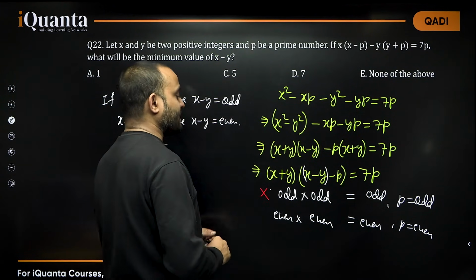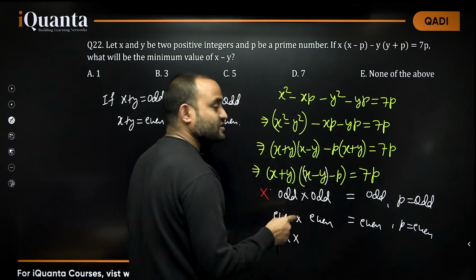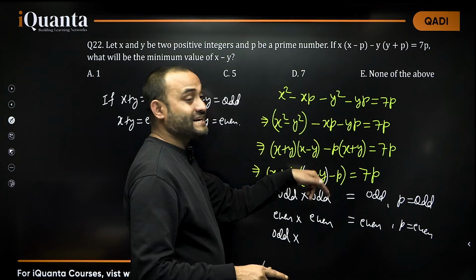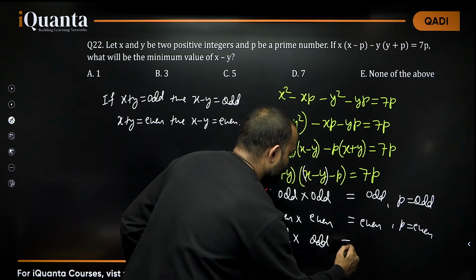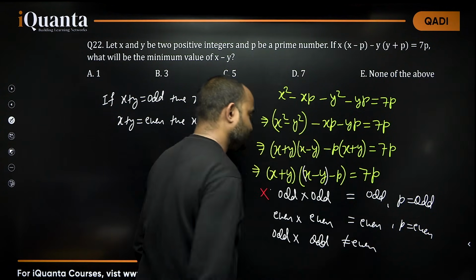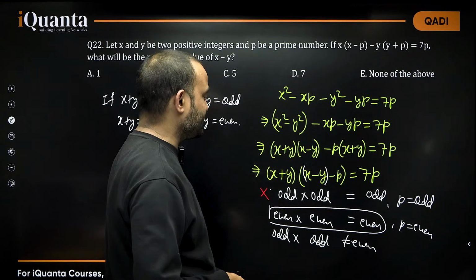Or if I take X plus Y as odd, what will happen? X minus Y will also be odd, minus P is even, so that will also be odd, and odd into odd cannot be even, right? So only this case is valid, if there is a valid case.